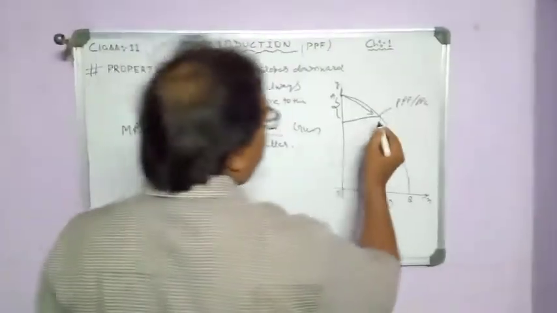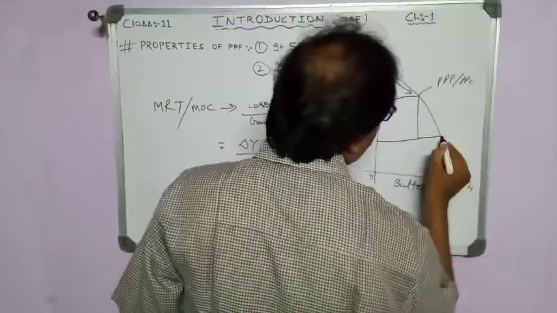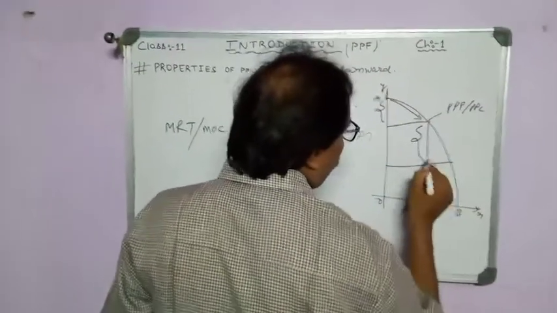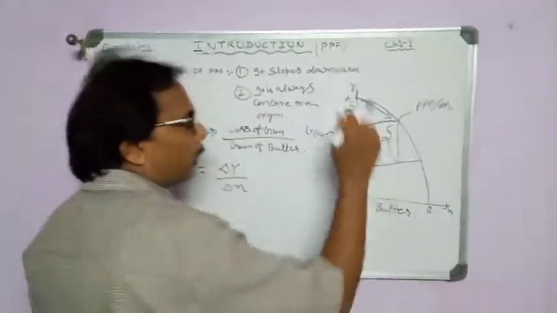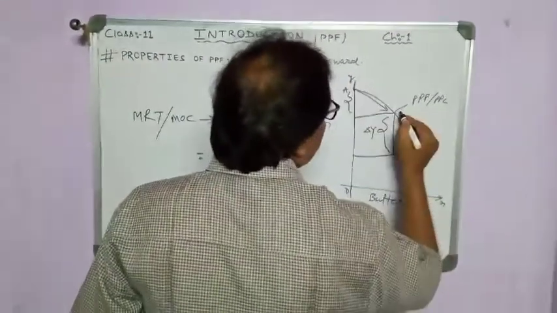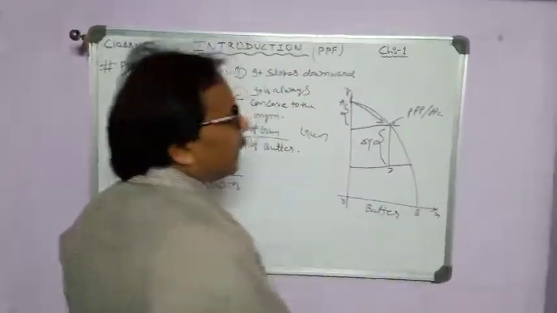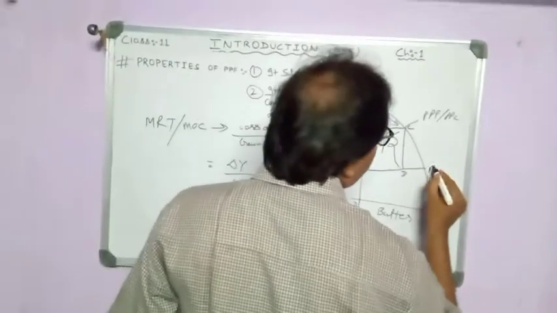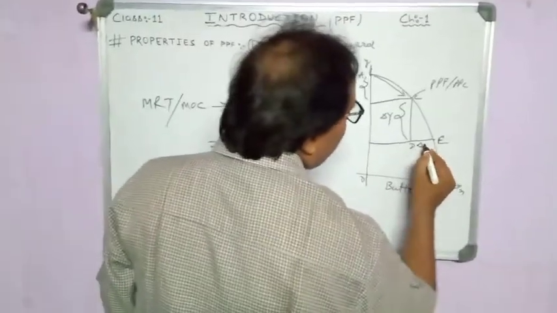Look here, suppose this is the second stage. This much amount is known as delta y, the sacrifice of gun. So this much amount, CD, is sacrificed only to gain DE amount, that is delta x.